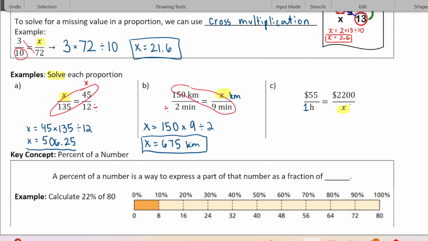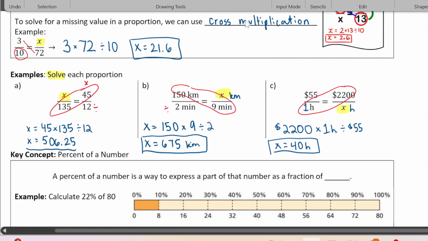So the units we're looking for are hours, and we can use our cross multiplication. So $2,200 times 1 hour divided by $55. And I get, I've typed that in already on my own, 40. Okay. So those are proportions. That's the easiest way to solve for a proportion.